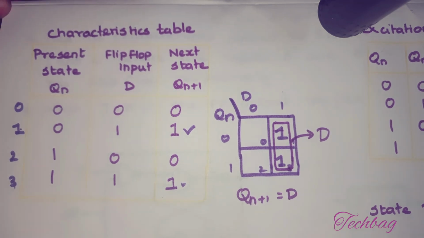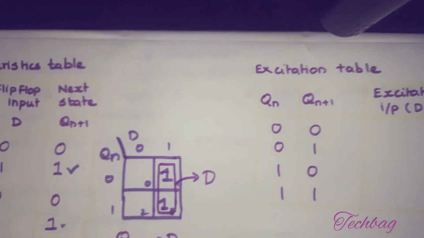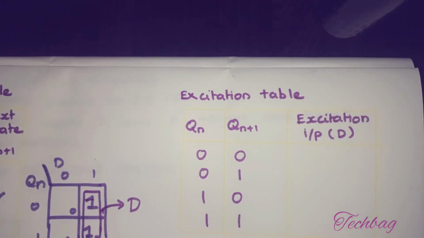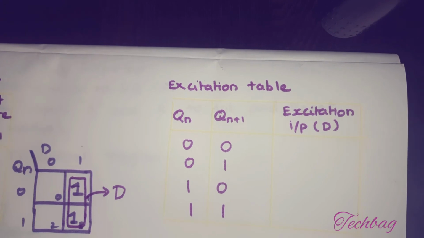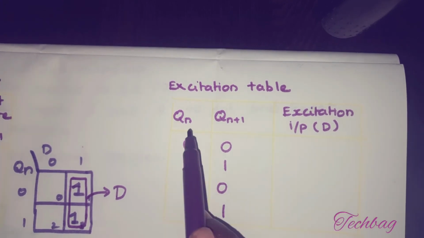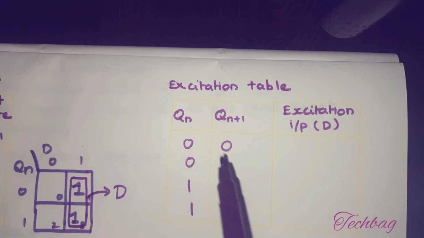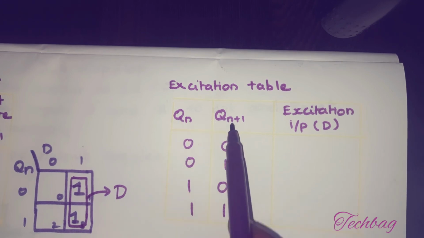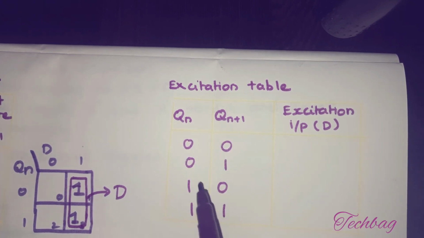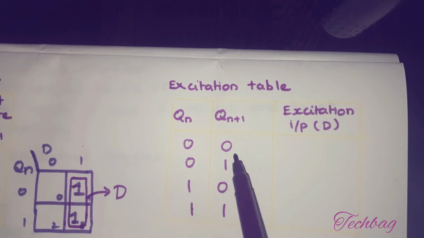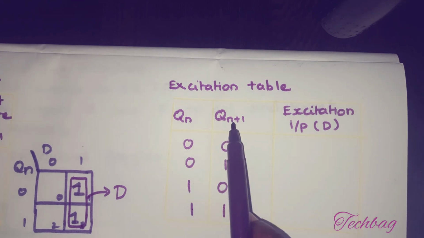Next one is the excitation table. In this excitation table, we are going to derive the excitation input, that is D, by knowing the present state and next state. Here these two are inputs. Present state 0, then next state may be 0 or 1. Present state 1, next state may be 0 or 1. Or simply you can write the 4 possible combinations of these two variables.